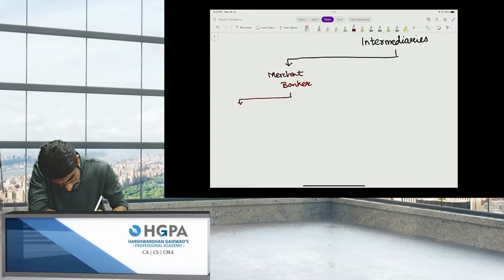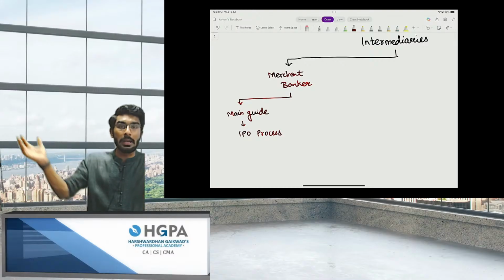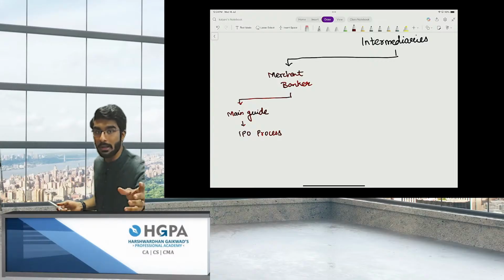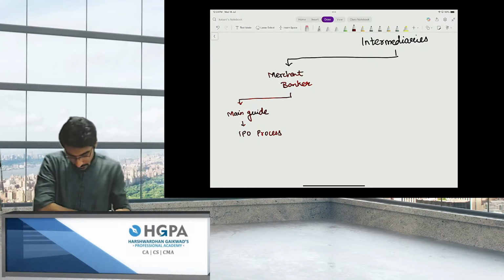He acts as the main guide in the IPO process. We know this people, he acts as the main guide of the entire IPO process. He guides the company how the company can go for an IPO. Every single thing will be taken care by merchant banker.